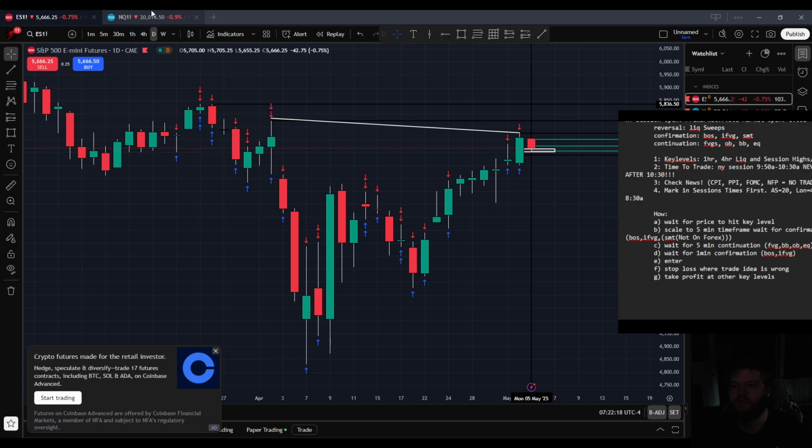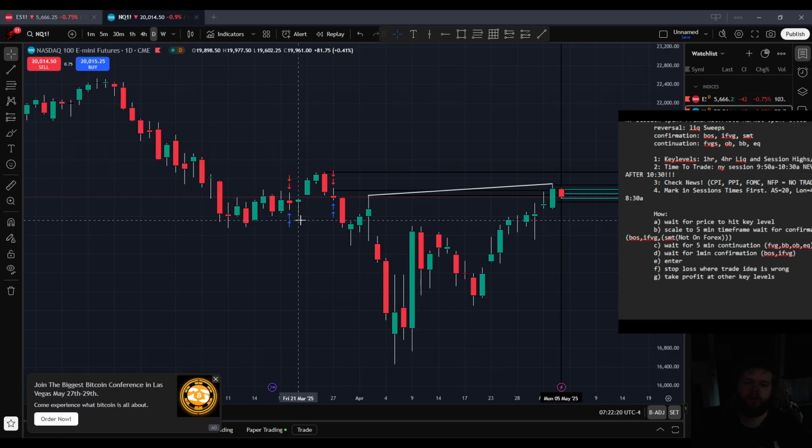What's this say to me? It says to me that price is going to go higher on the S&P 500. So we might want to pay attention to the NASDAQ to see exactly what the S&P is going to want to do next because it's lagging behind.